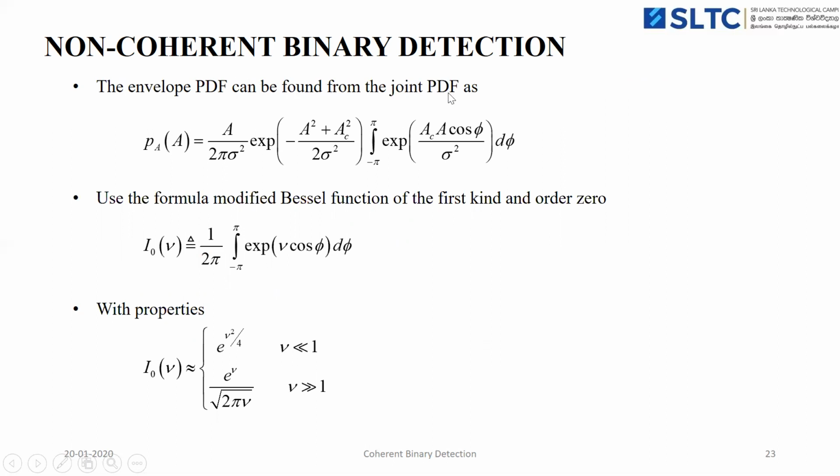By integrating over the PDF of the phase function, we can find out the PDF of the envelope. So this is the PDF of the envelope, obtained from the integration of the joint PDF over the phase.